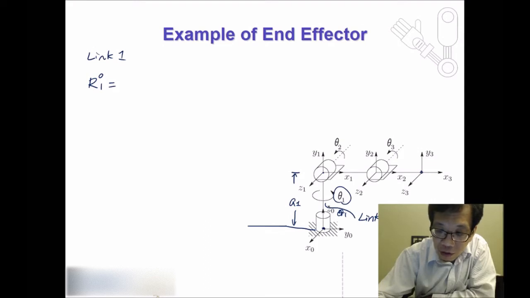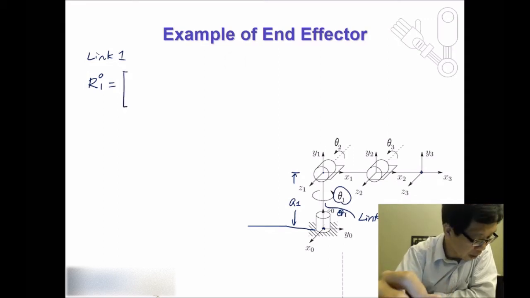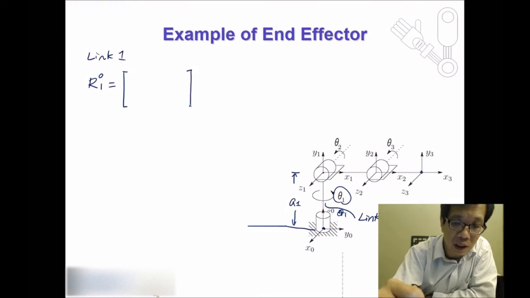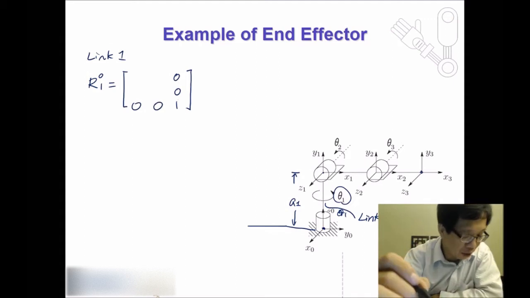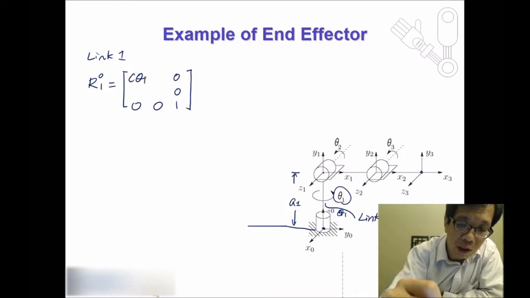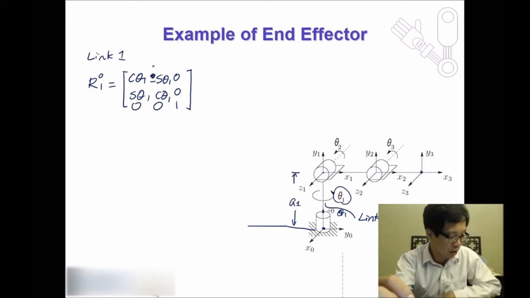this one over here is actually rotated about the z naught direction. Since we know it's going to be rotated about the z direction, the rotation matrix is straightforward to determine. It is going to have a 1 about the z direction, and we have cosine theta 1, sine theta 1, negative sine theta 1, and cosine theta 1 in this specific matrix.